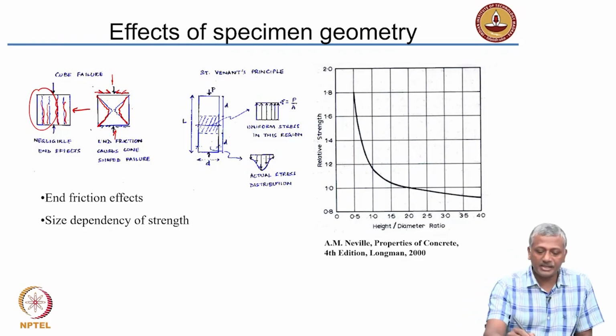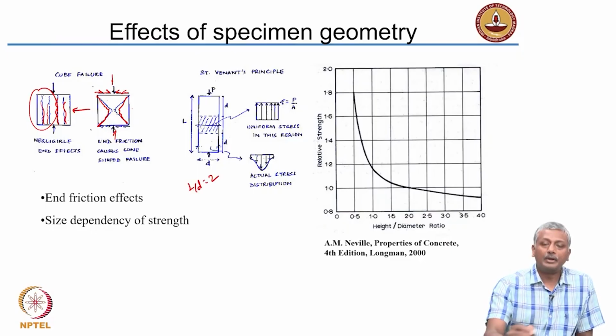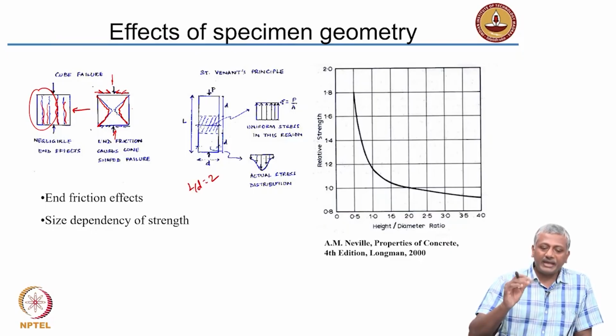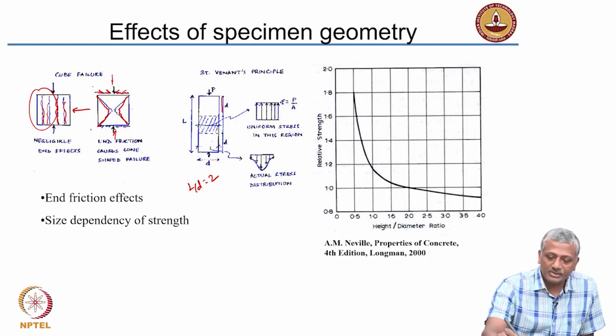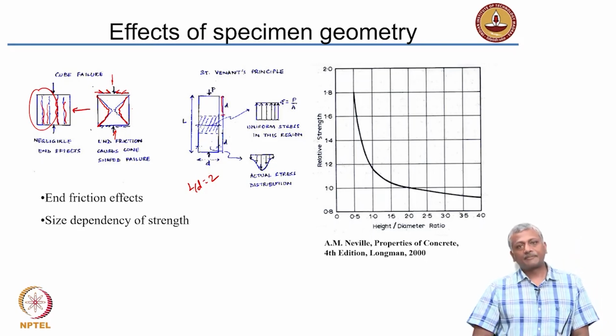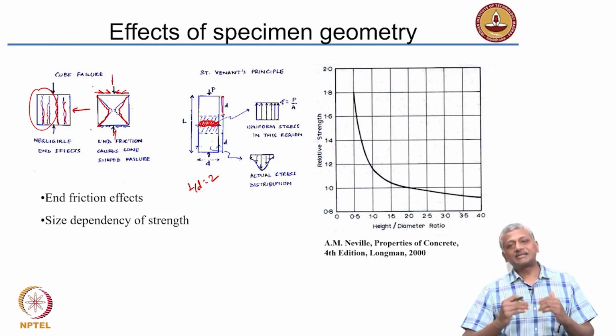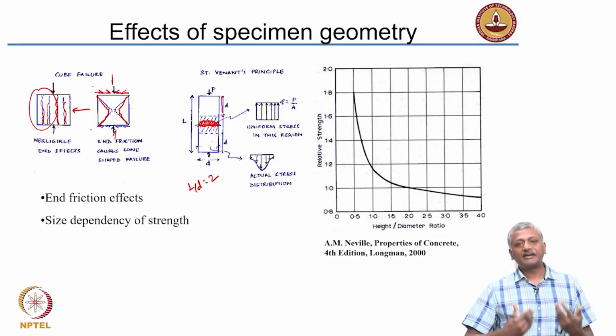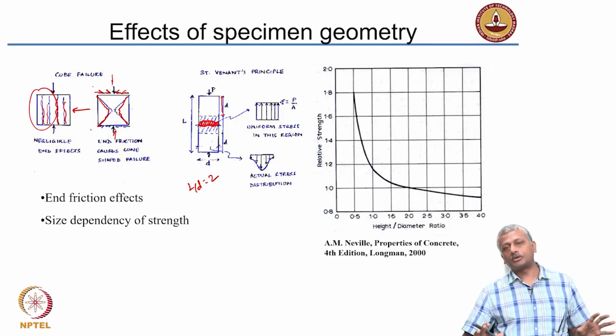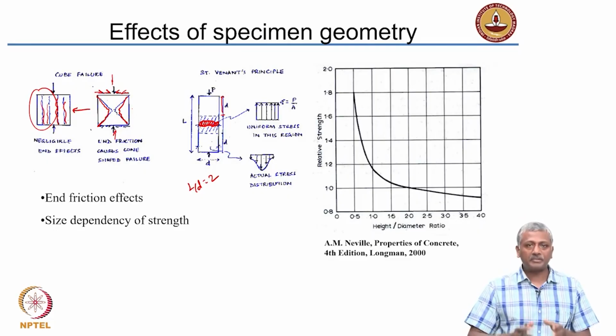Now, why is this any different in a cylinder? As I said, a cylinder has an L by D of 2. So, the effects of the end are felt only up to a distance of D from the ends. That means we still have a very small zone right in the center of the cylinder where the end effects of friction are not playing any role at all. That means we have pure compression at the central part of the cylinder.